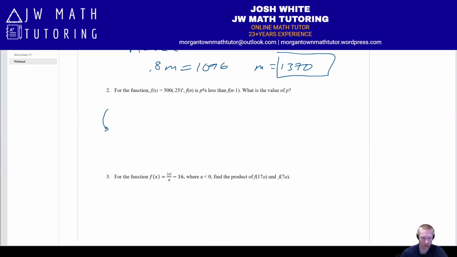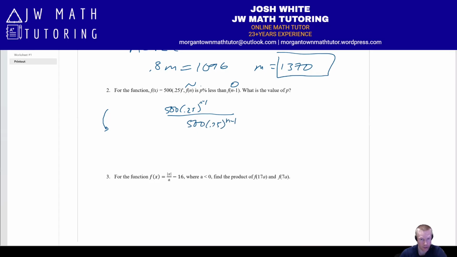So here's the theoretical way you could solve this, and then I'll show you an actual example with numbers, and I'll just do it in Desmos. So the theoretical way says, okay, we want to find something % less than this. So this is the original, this is the new. The original says you plug in n minus 1 for the x here, and that's going to go in the first spot, and it's also going to go in the bottom.